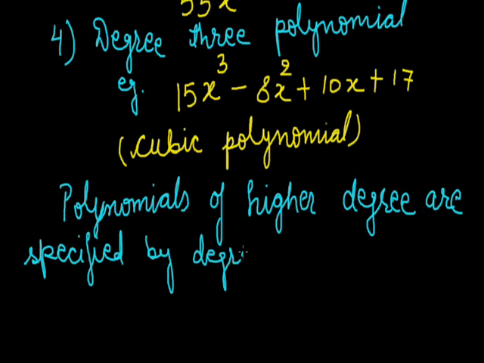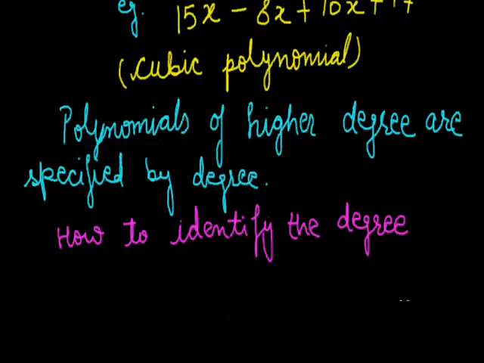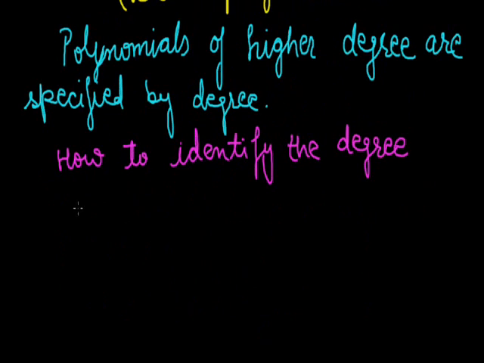We may be asked to identify the degree of a polynomial in any given expression, and for this purpose we must keep in mind that the polynomial should be in the simplest form. There may be certain terms which will be eliminated after the simplification.